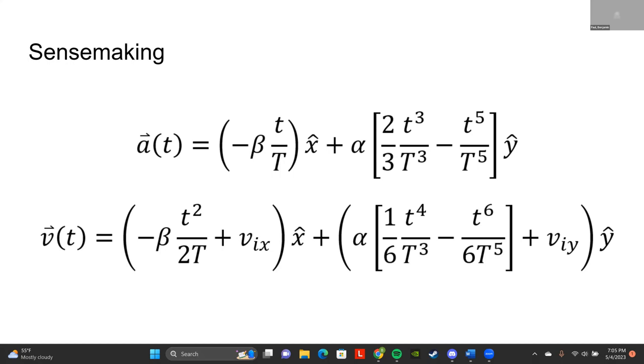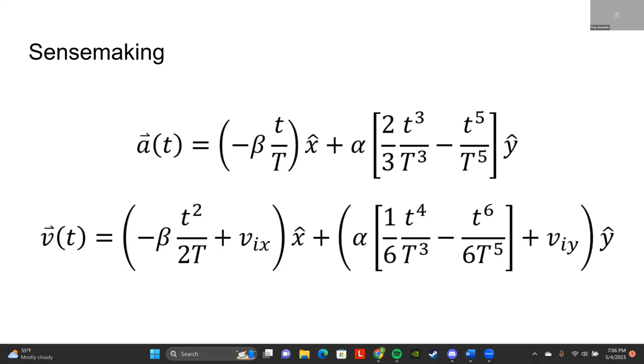Once we do the integration, we get the velocity formula that is shown below the acceleration formula. When we integrate into the velocity, we need to remember to bring in a v initial in both x and y. The v initial takes the place of the plus c that we would normally put in when we integrate.